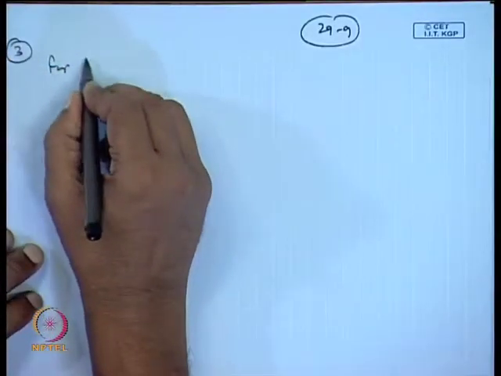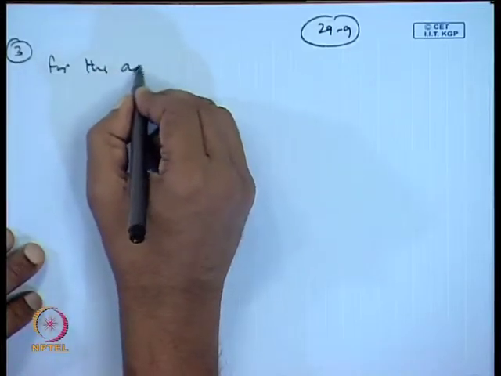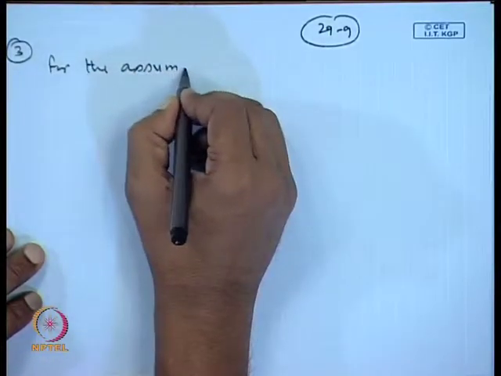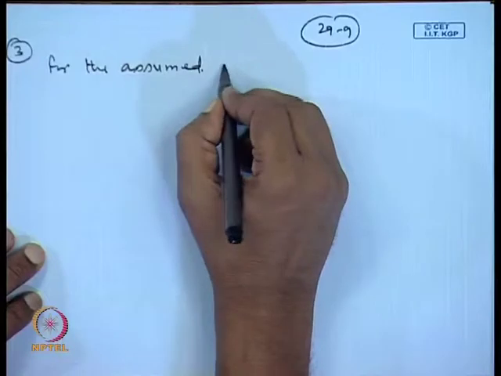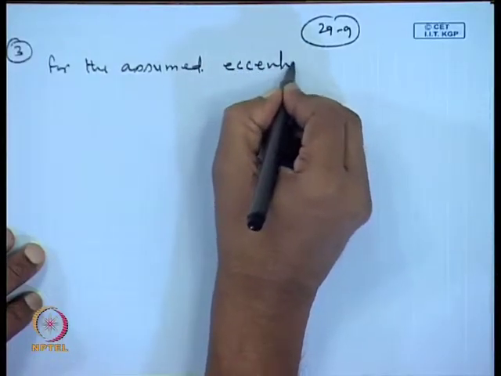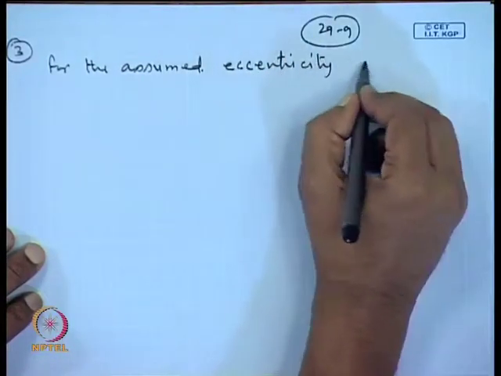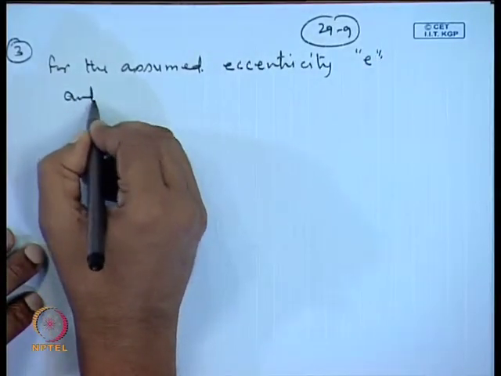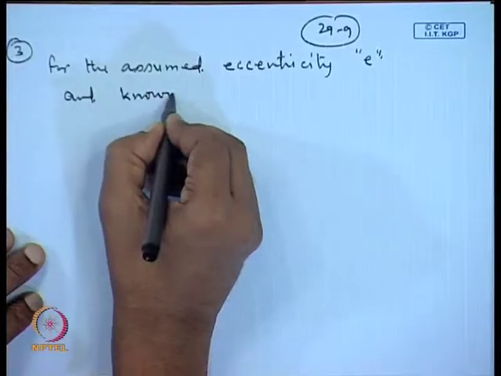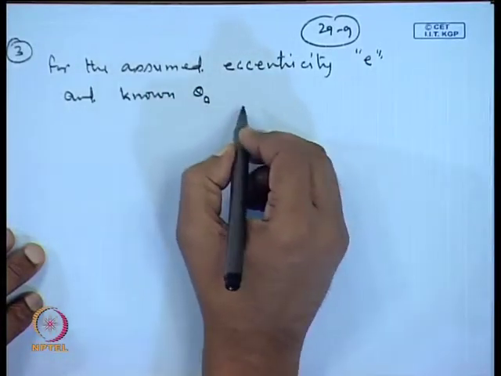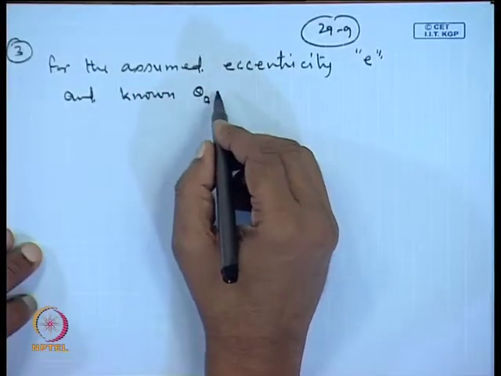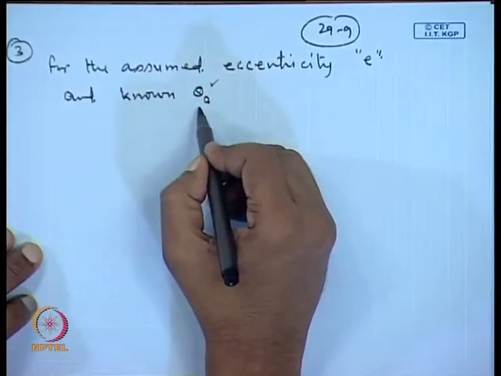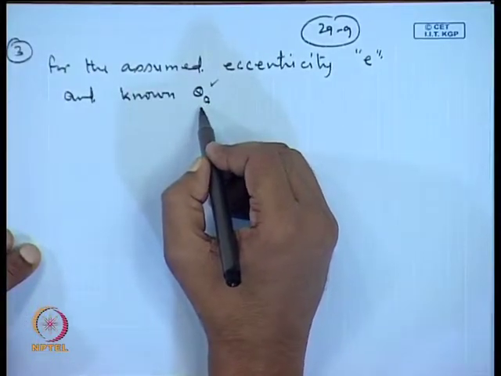Step 3 is, for the assumed eccentricity and known theta 0, calculate T a c transfer. Theta 0 we are finding from the phi a b and phi b c. Okay.